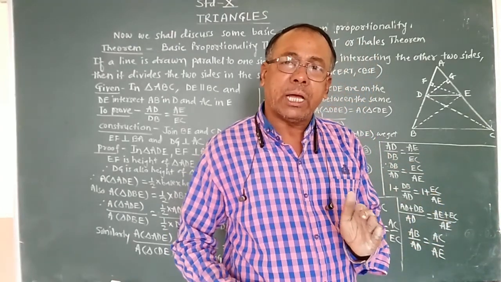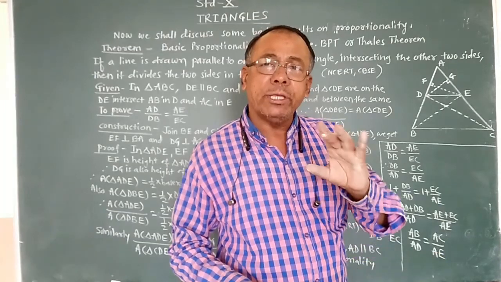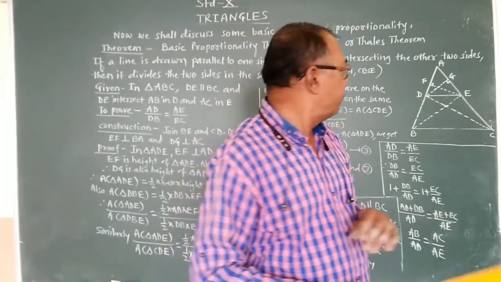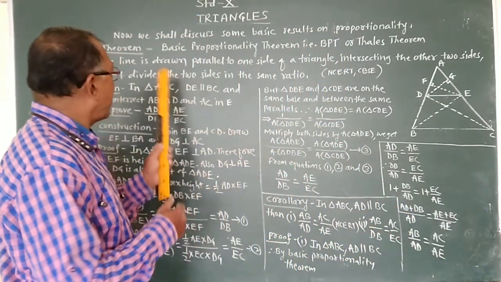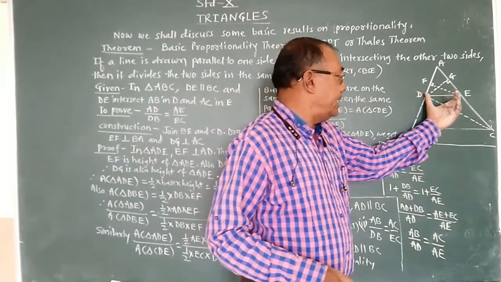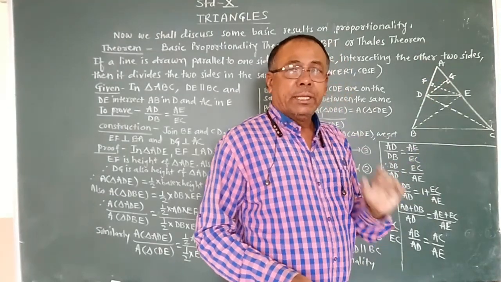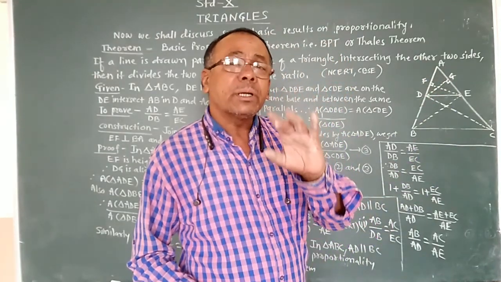then both the ratios have equivalent value, and therefore it is said that the line DE divides these two sides, that is AB and AC, in the same ratio.